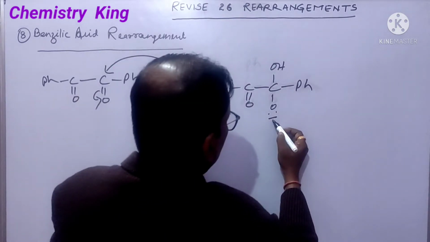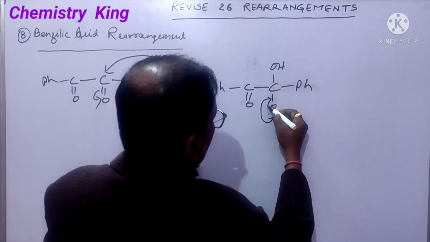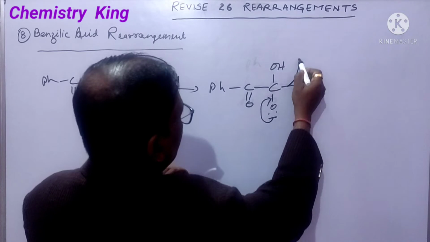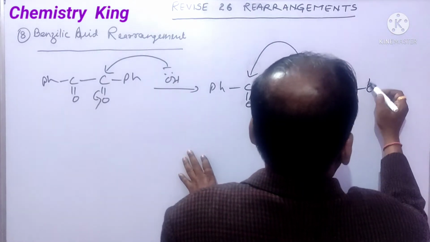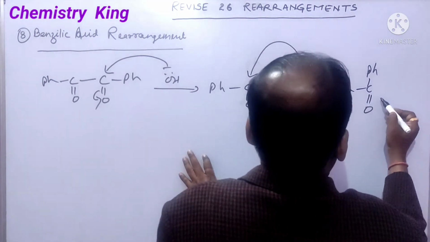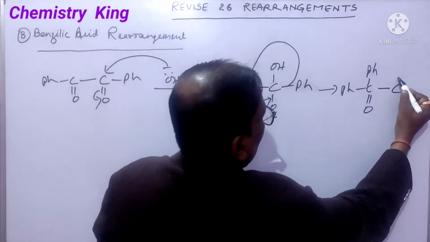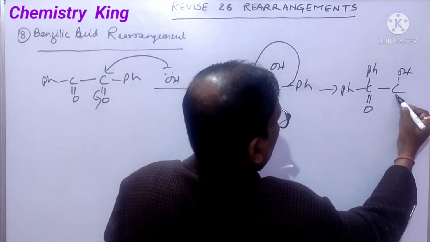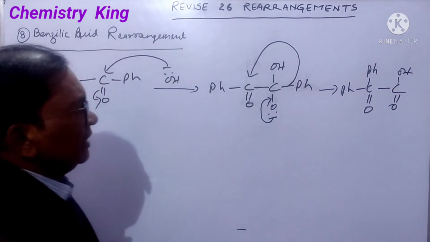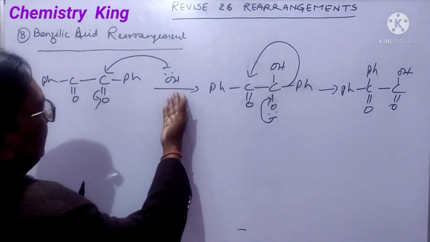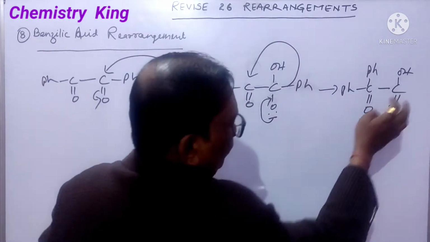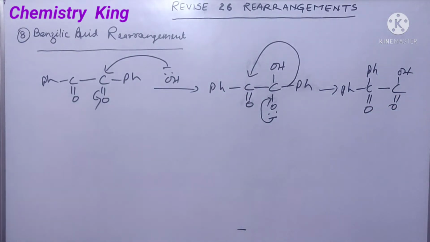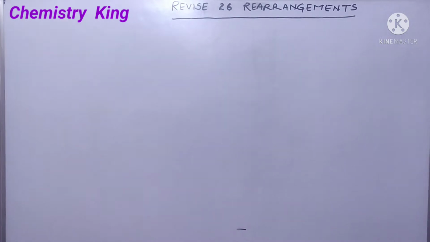And if this returns in this fashion, it will rearrange, giving Ph, Ph, C double bond O, C, OH, double bond O. It is benzilic acid, and normally when sodium hydroxide is used, you will get sodium salt of benzilic acid.